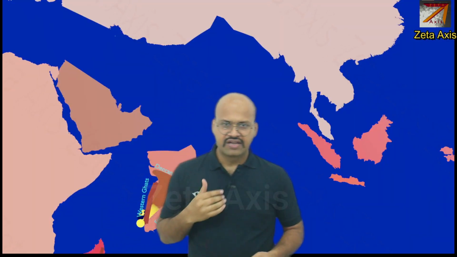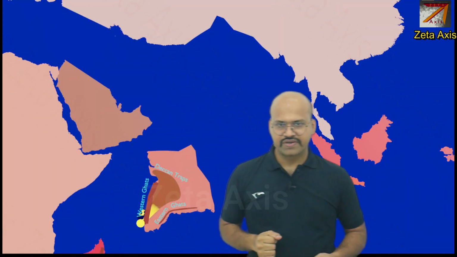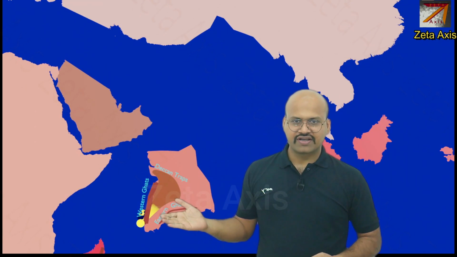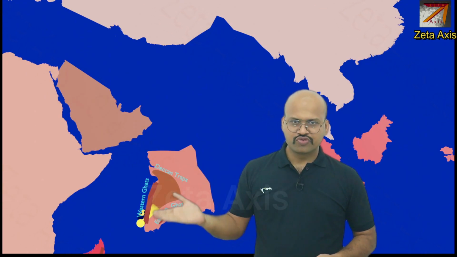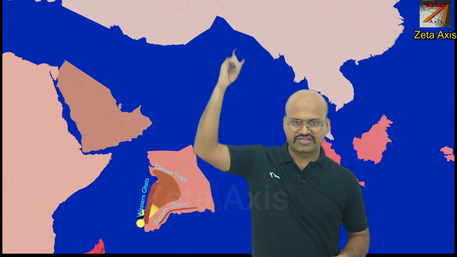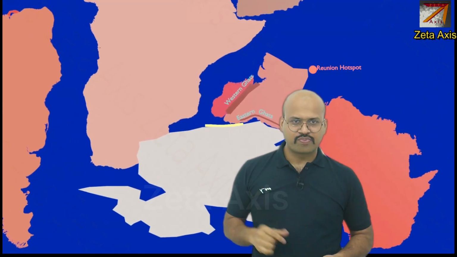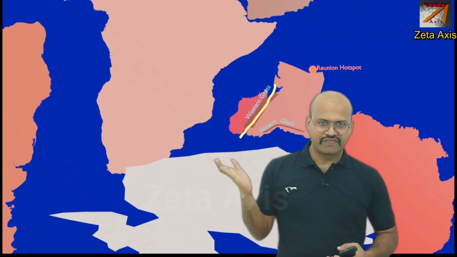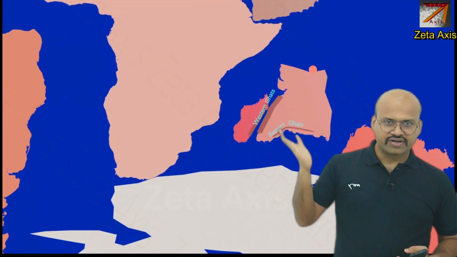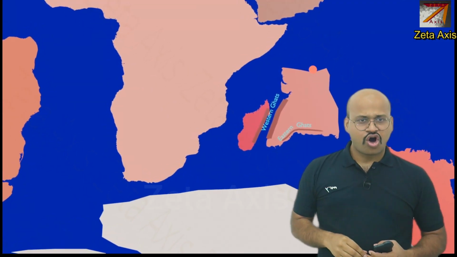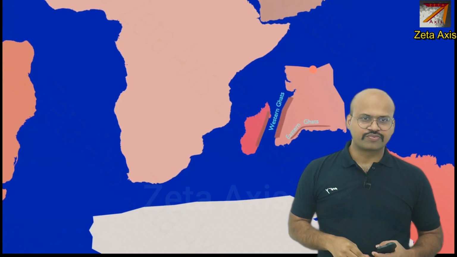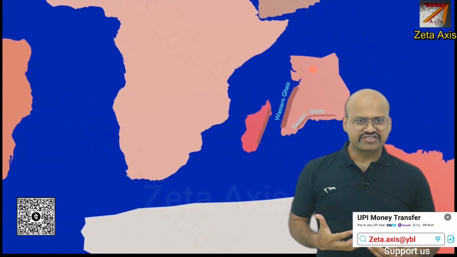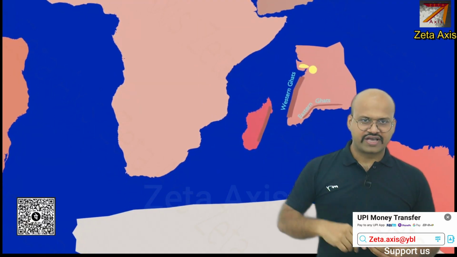If we remember what we discussed in our previous video, this is our Indian plate, which was moving north before colliding with the Eurasian plate. It happened to pass over the Reunion hotspot. Now when this Indian plate passed over this Reunion hotspot, all of a sudden this hotspot became active and started to give out volcanic lava, as you can see over here.